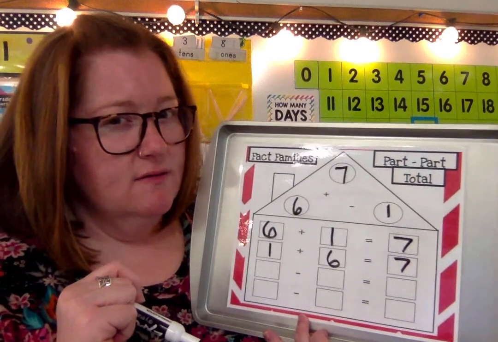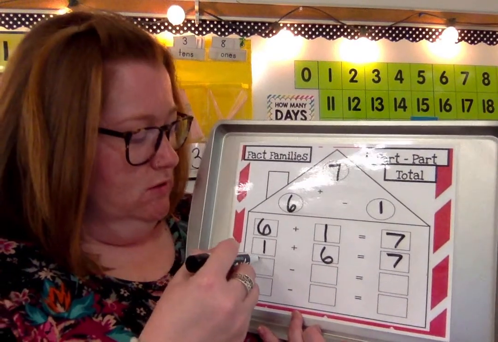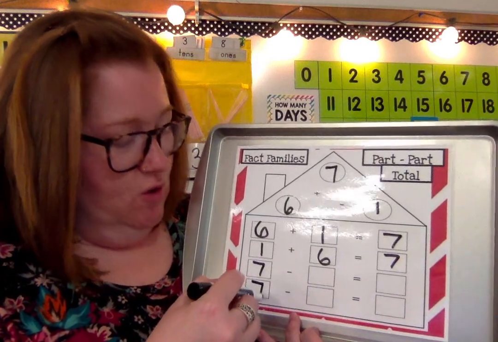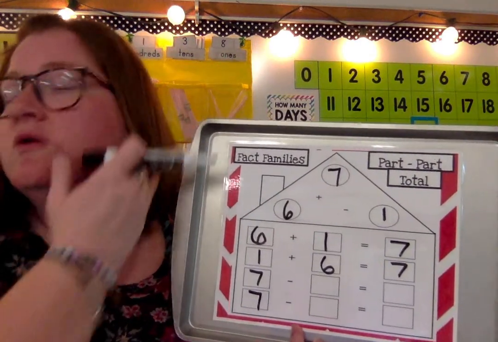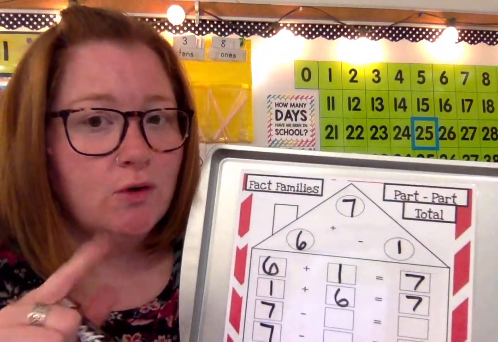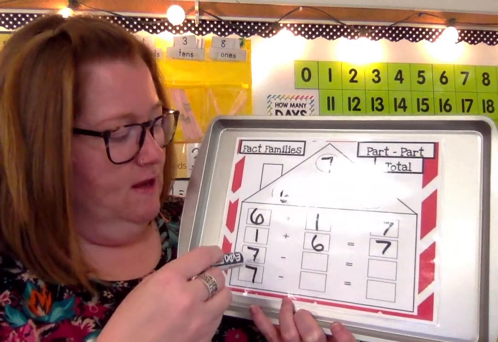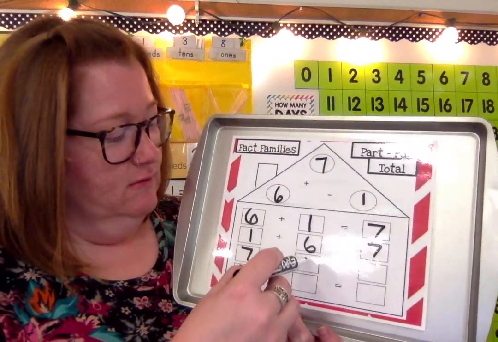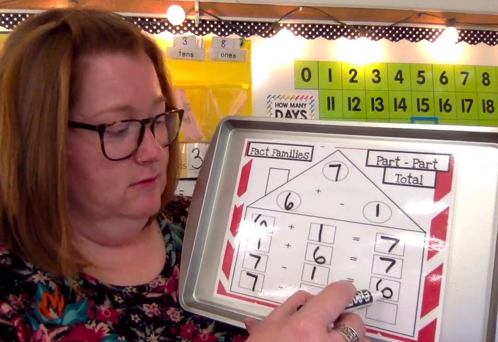Now, take away. Let's start with the total. 7. So my total is first. Always remember, take away. Start with my total. Take away, total. They both start with that total. Then I take away a part. 7 take away 1 equals 6.